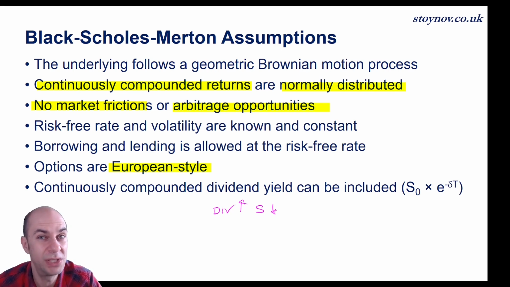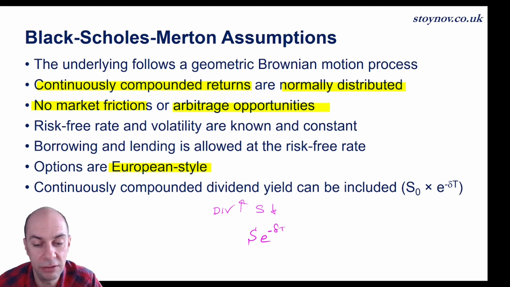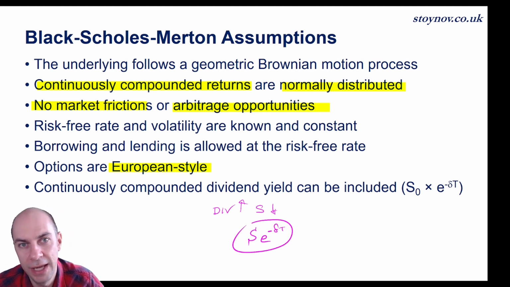But of course, because it's continuously compounded, the way we accommodate it is instead of just using S within the model, we're going to use S times e to the power of minus delta T, where delta is the continuously compounded dividend yield. So that effectively haircuts the spot price and removes the dividend from it.